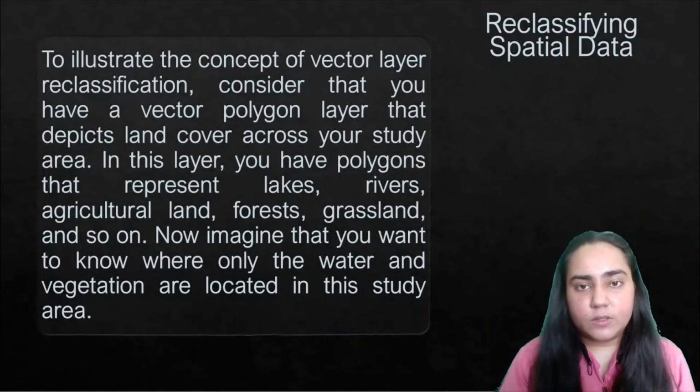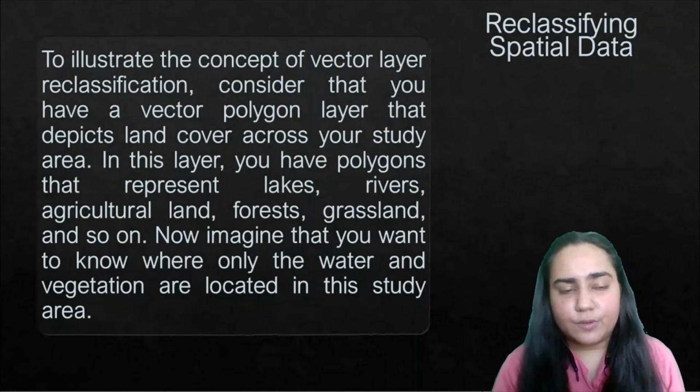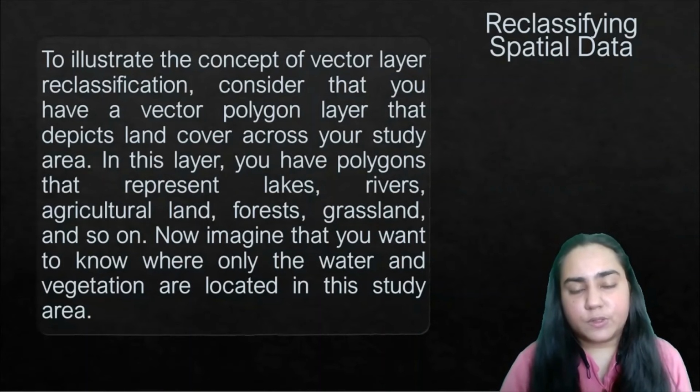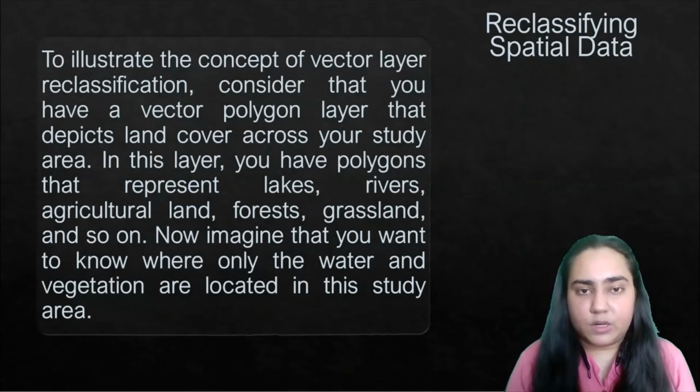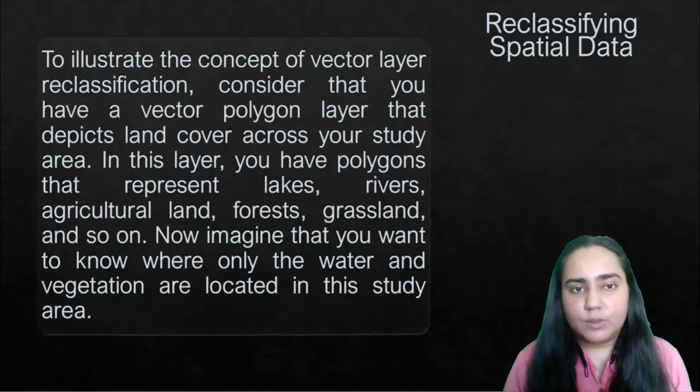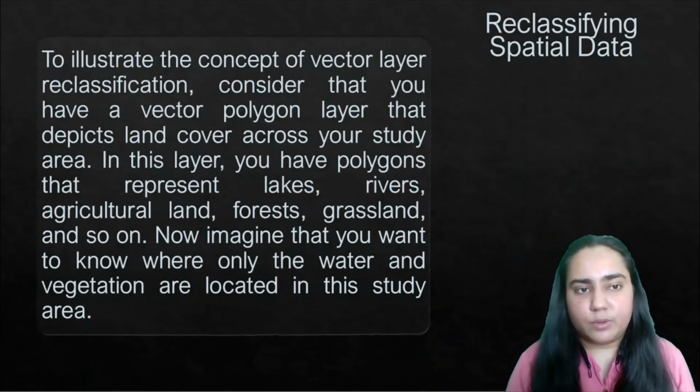To illustrate the concept of vector layer reclassification, consider that you have a vector polygon layer that depicts land cover across your study area. So we saw how raster layer reclassification works. Now we are seeing how you can do vector layer reclassification. So just for an example, consider that you have a vector polygon layer and it shows how much land area there is in your study area.